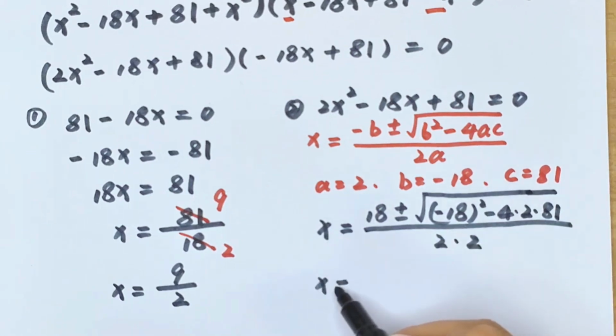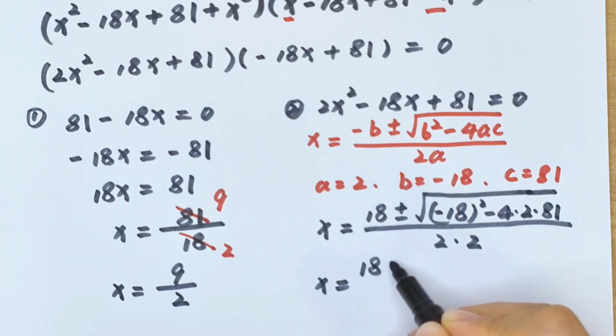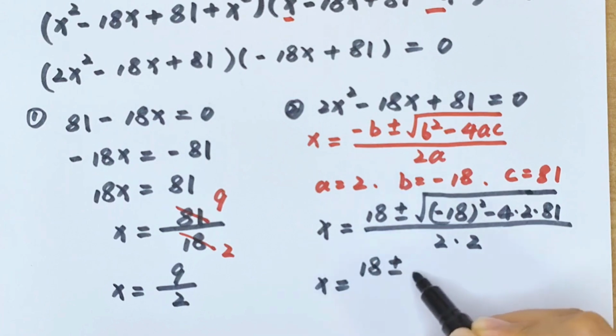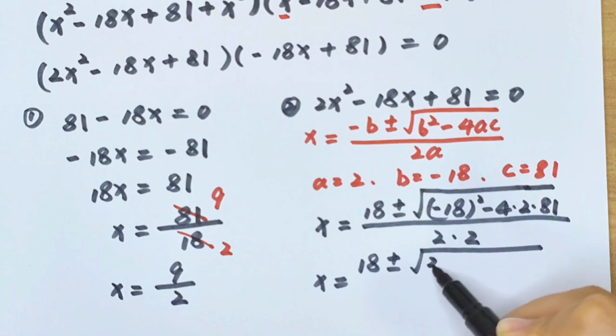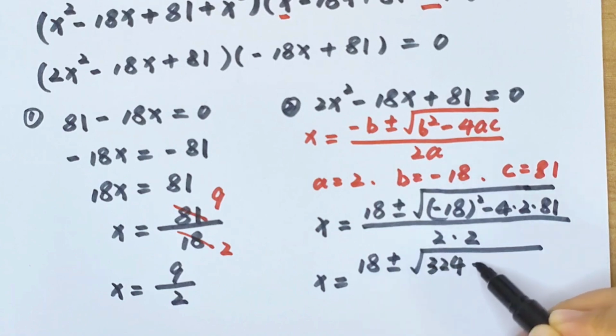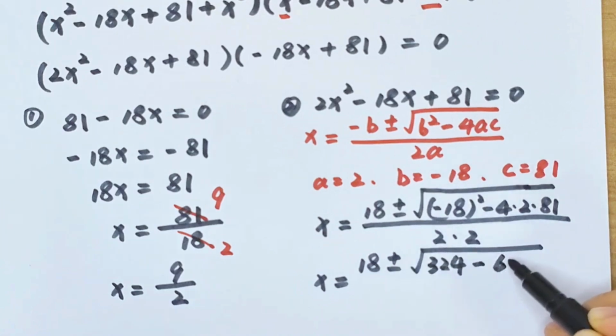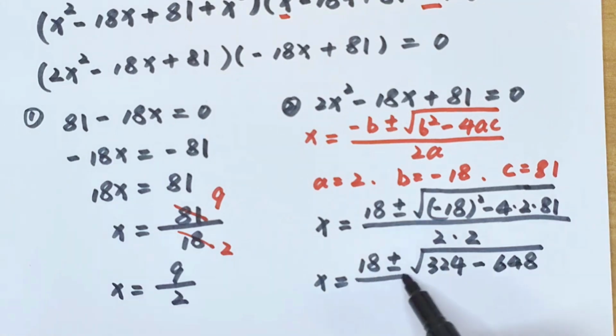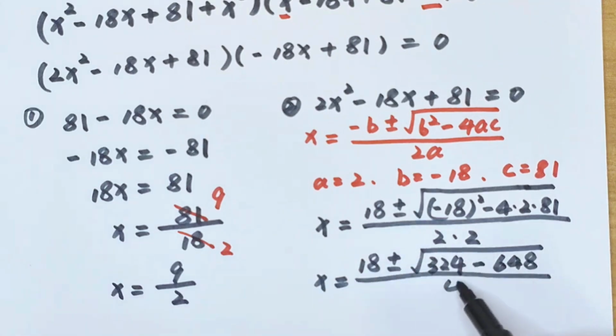So x equals 18 plus or minus square root of 324 minus 648, divided by 2 times 2 is 4.